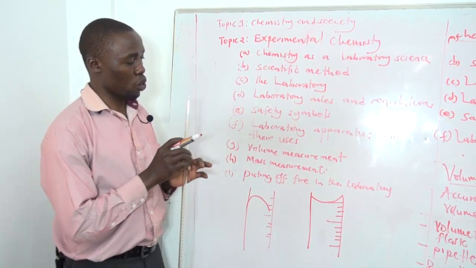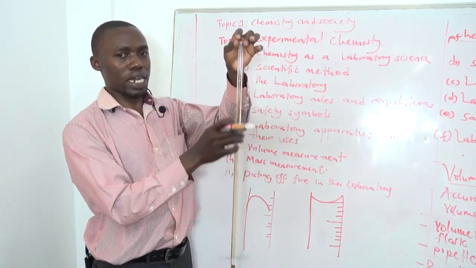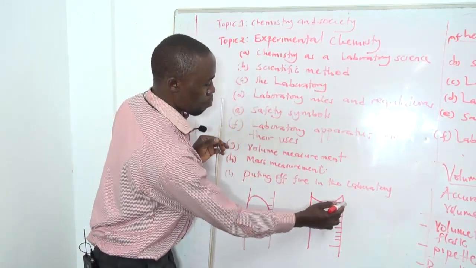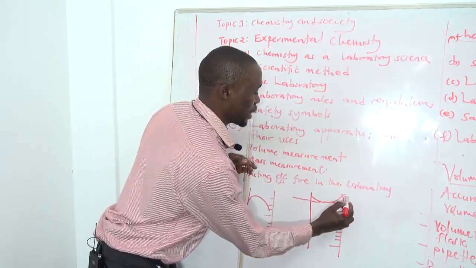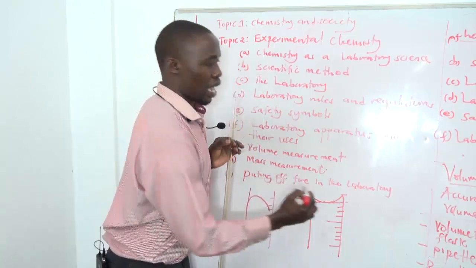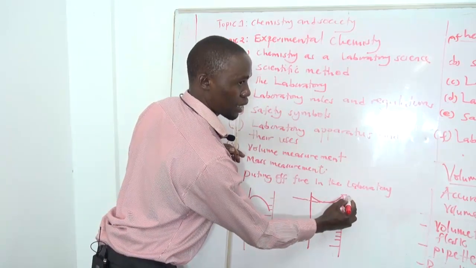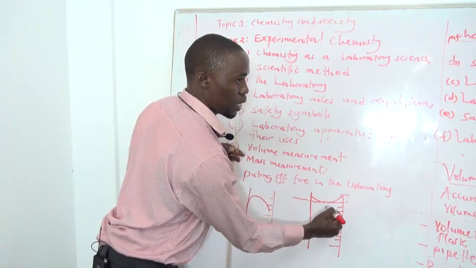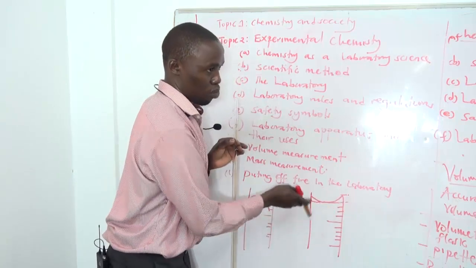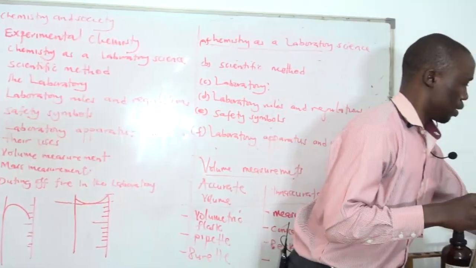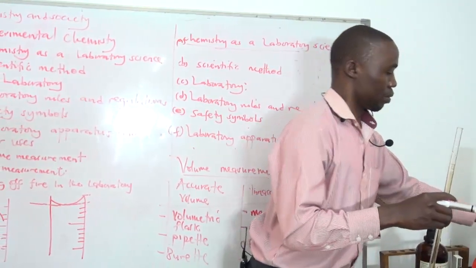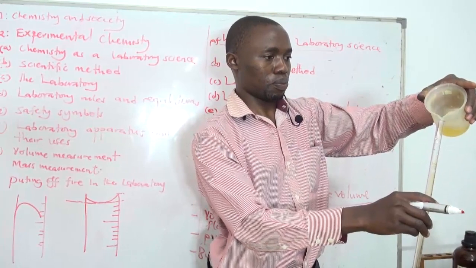Now, when you are reading volume on any apparatus, you read the bottom of the liquid. We call it the lower meniscus. This is upper meniscus. This is lower meniscus. You read from the bottom. Now look here.